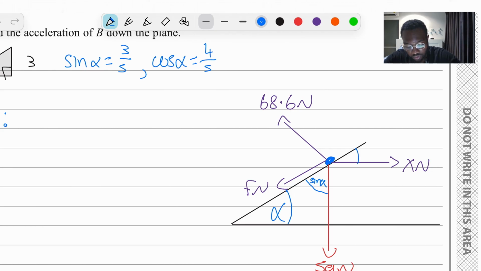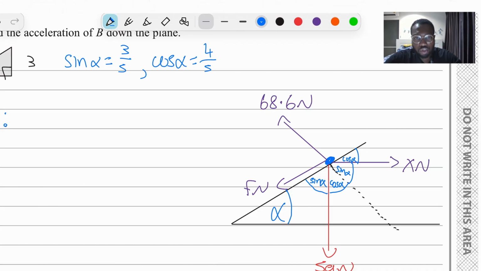There are loads of ways you can think about it, but I am going to draw a dotted line here. And by doing that, I know that this is going to be a cos alpha, and then I know that this is going to be a sine alpha, therefore this is going to be a cos alpha.